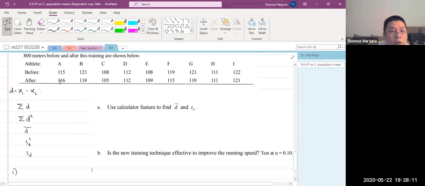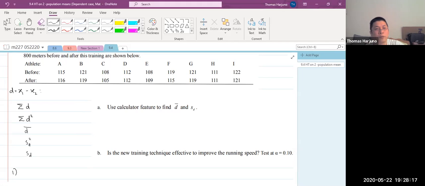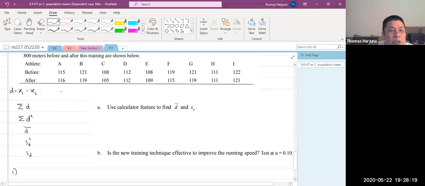So basically you get the numbers here and then you plug them in. I will not teach you a more sophisticated method, I will just teach you this step. So the differences are -1, 2, 3, 0, -1, 4, 2, 0, 1.